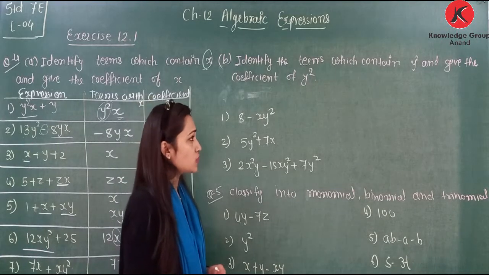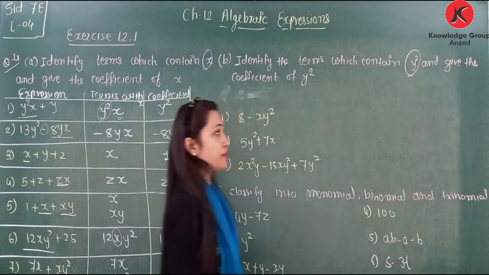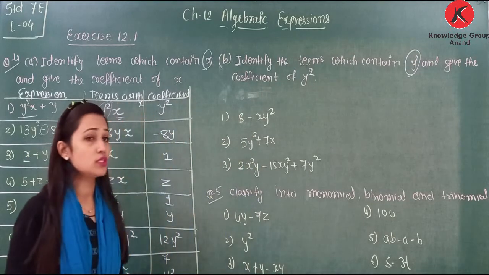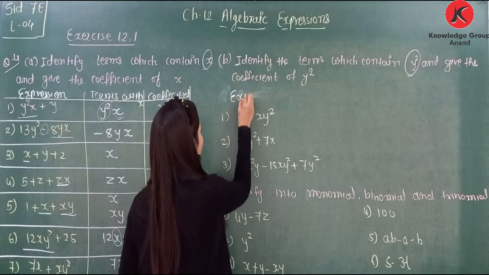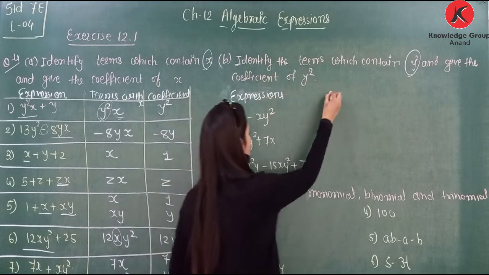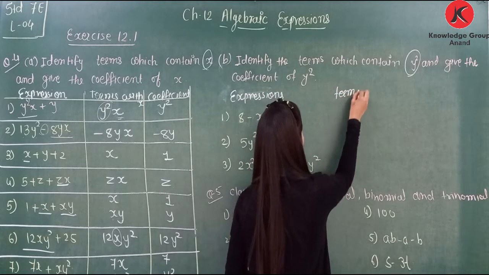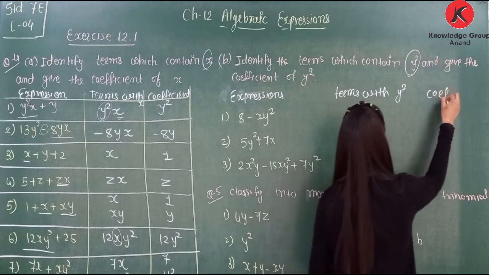Next example is the same as this one. Identify the terms which contain y square. Here we need to write the term with y square and give the coefficient of y square. So let's write here. These are the expressions given. Term with y square and its coefficient.